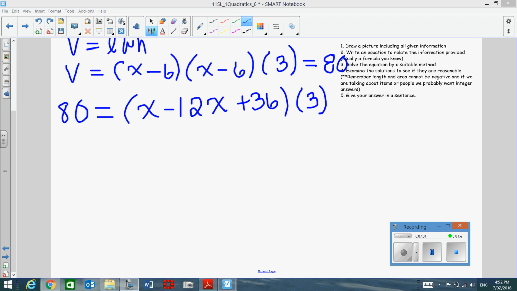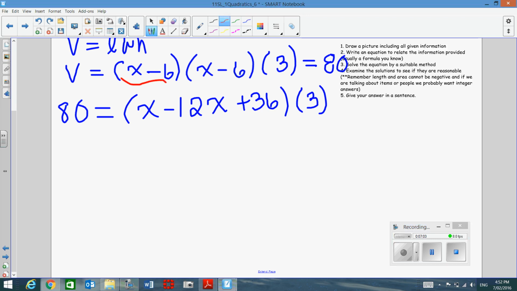Expanding the first 2 binomials, we get x squared minus 12x plus 36, and then I still have to multiply through by 3. And I have that 80 on the other side. But notice I have x squared minus 12x plus 36, and half of 12 is 6, and 6 squared is 36. So I have a perfect square with these 3 terms.